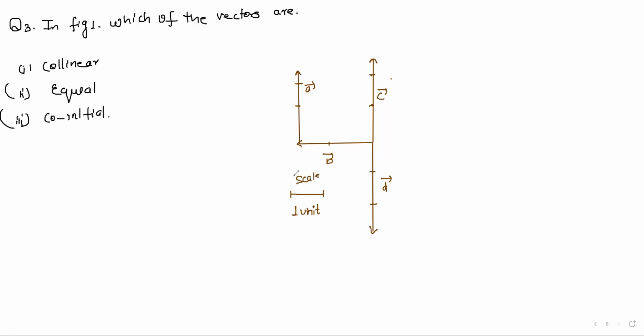So please tell me which are collinear vectors, which are equal vectors, and which are co-initial vectors. Okay, Kush, very good. This is correct. There is a bit of confusion here. Just give me a minute.